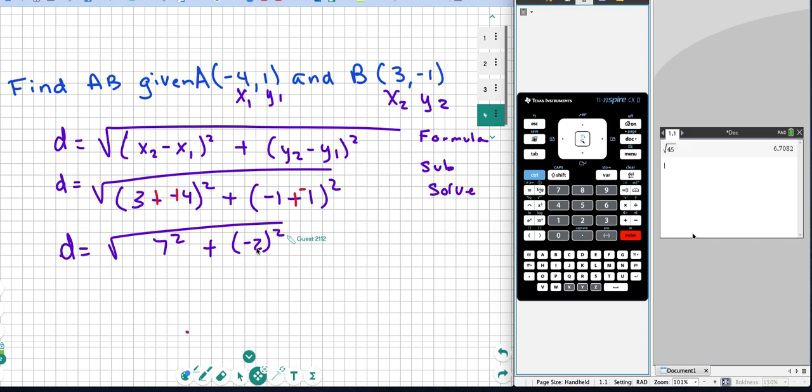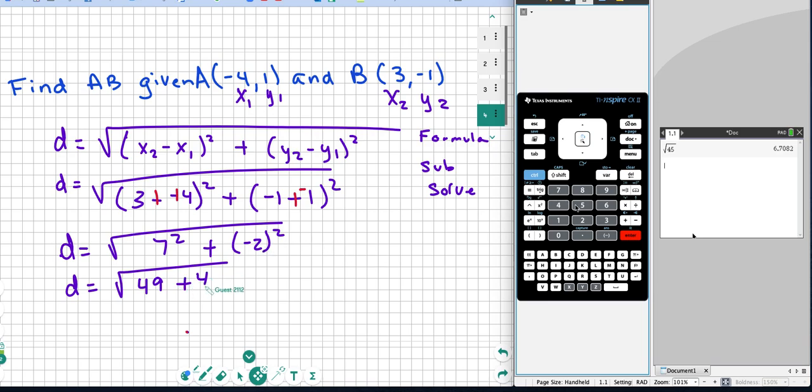I'm always keeping the negative signs inside the parentheses to remind myself that I've got to keep track of that negative. So now I'm going to do D is equal to the square root of 49 plus 4.